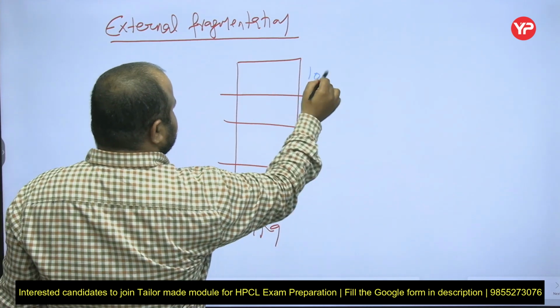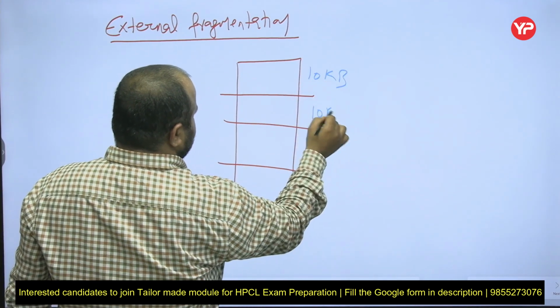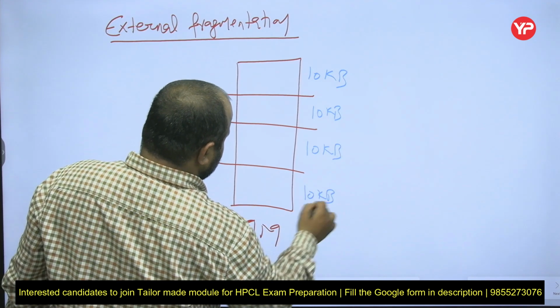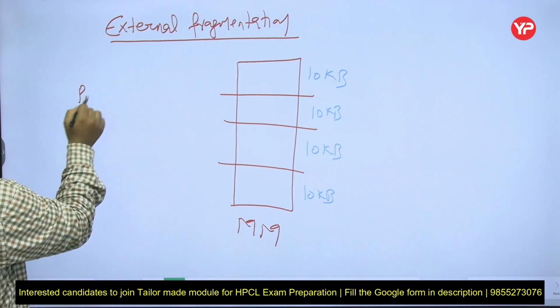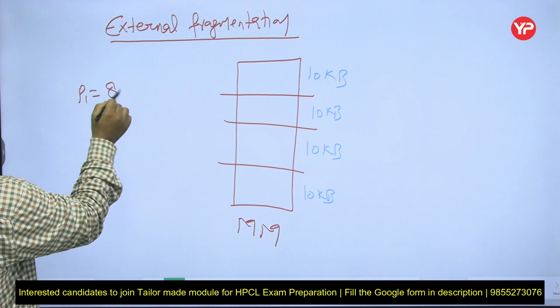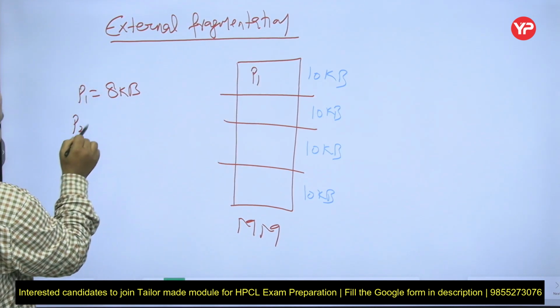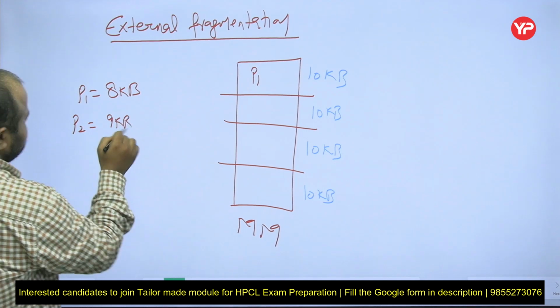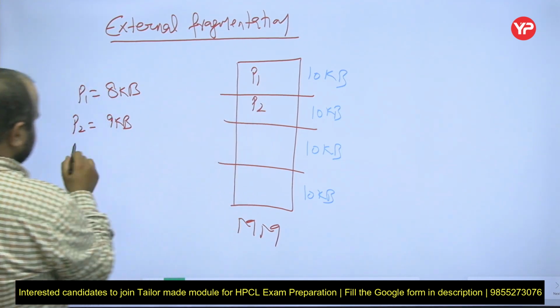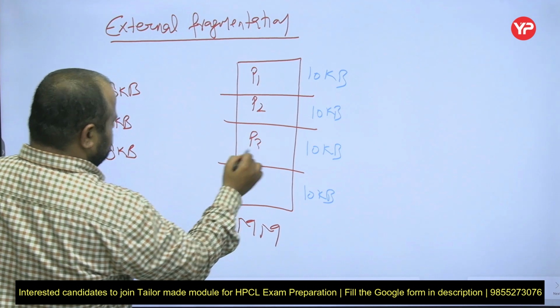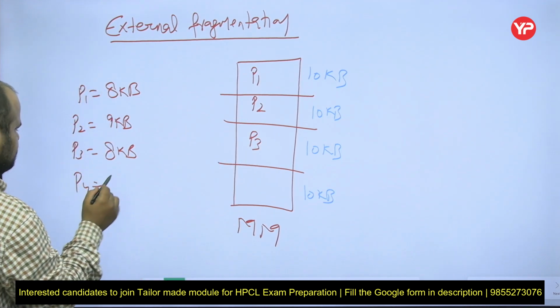Suppose again 10 KB, 10 KB, and this block size is also 10 KB. Process P1 has a size of 8 KB, so we are residing process P1 here. Process P2 is 9 KB. Process P3 is again 8 KB and process P4 is again 7 KB.